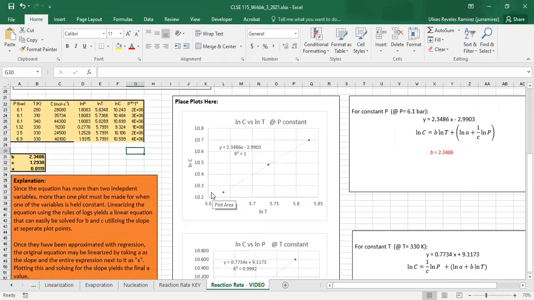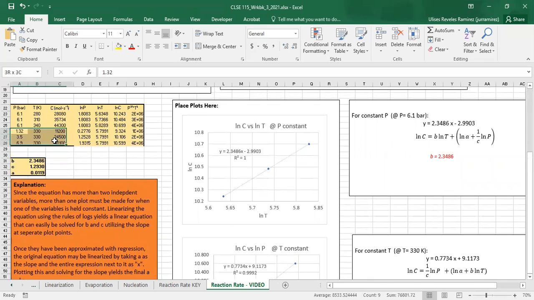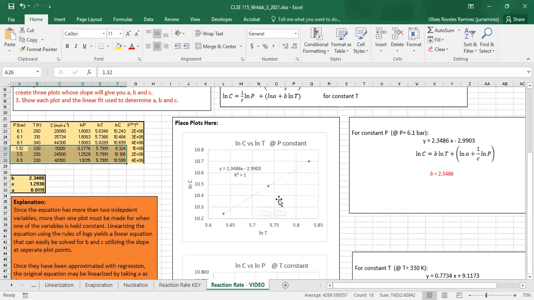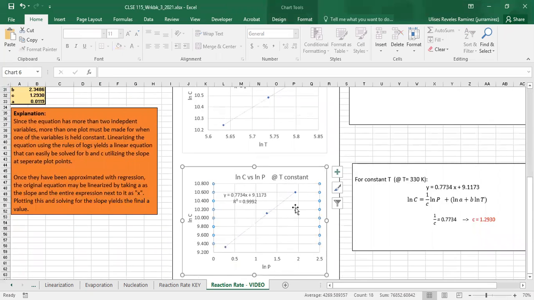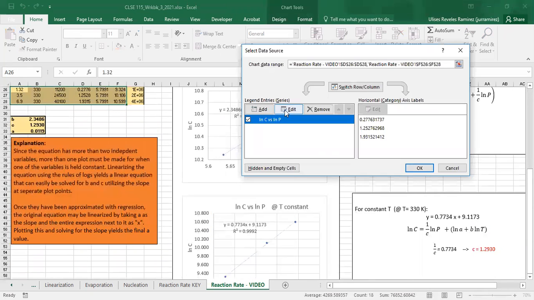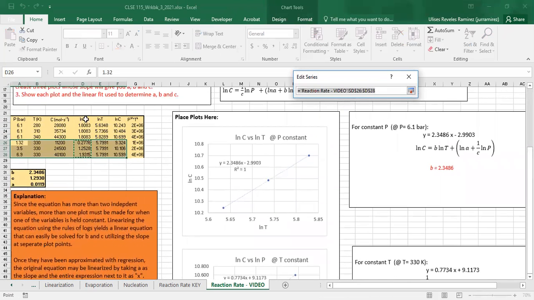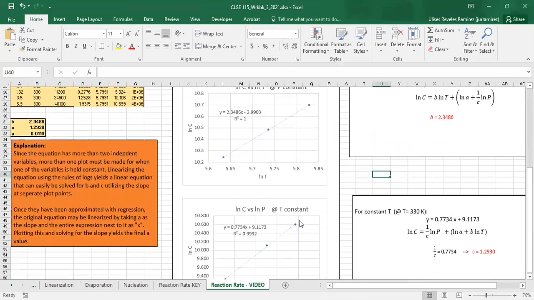Now we run the experiment at a constant temperature. We take these three rows at a temperature of 330 Kelvin, and make a second graph of ln of the rate versus ln of P at constant T. Again, select data: the X value is ln of P, and the Y value is ln of the rate.